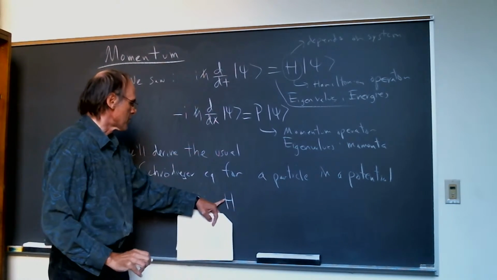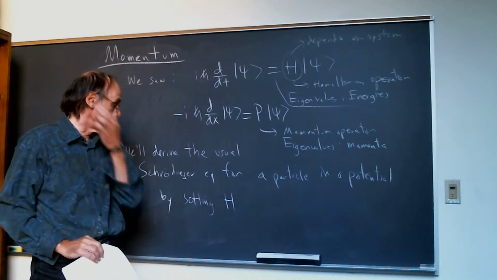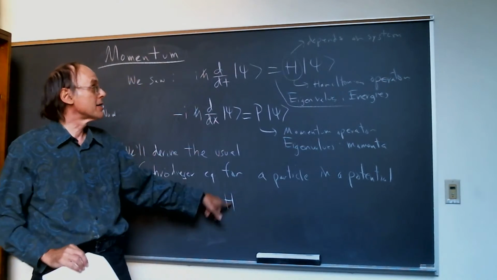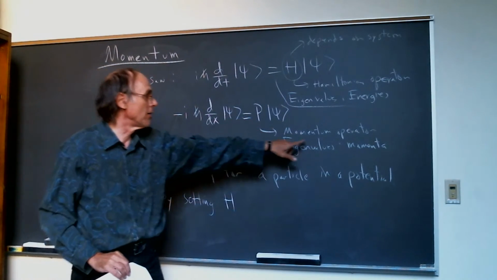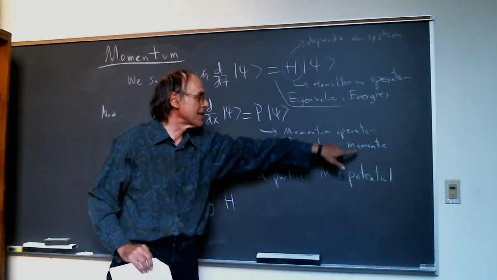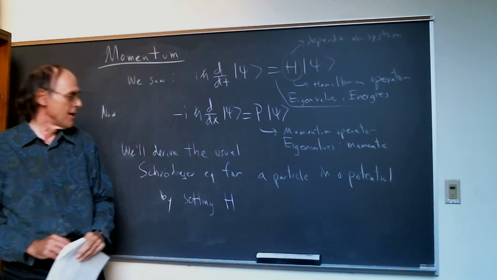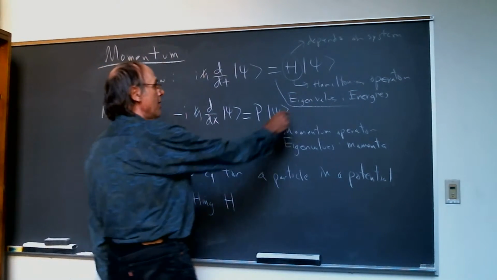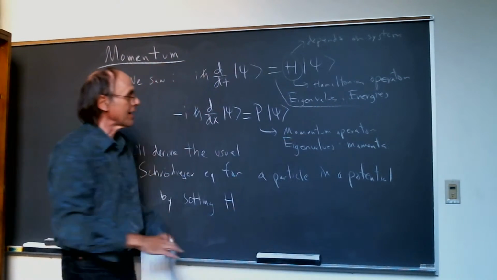Okay, so the physical assumption is that this guy, H, is going to tell you about the energies, and this is telling you about the momenta. And if you assume that these energies and momenta are the same things that you heard about in your high school physics class, then the energy has to have a kinetic energy component.